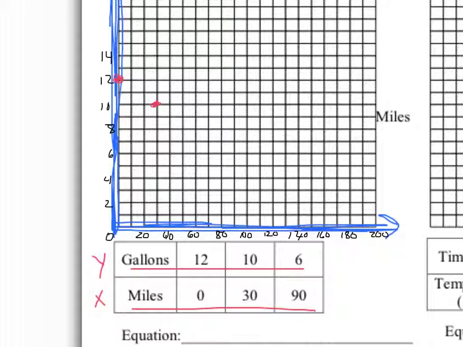And 90 miles is 6 gallons. And get a straight edge. Obviously mine is not a very straight edge, so you want something better than that.